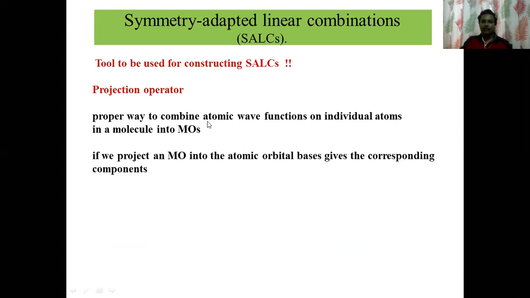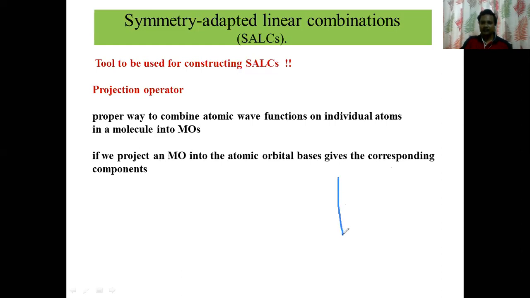Now the projection operator is, if we say it another way, like if we take a molecular orbital, which is the resultant, then we project that MO onto the corresponding atomic bases, right?